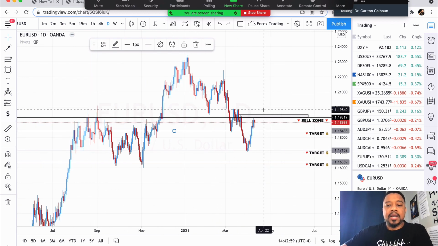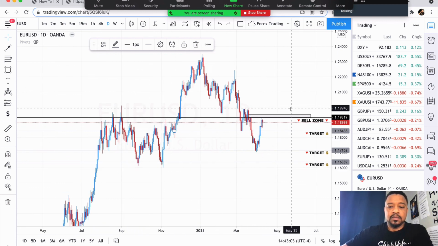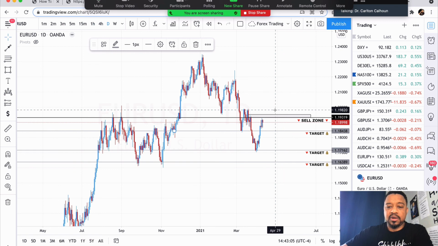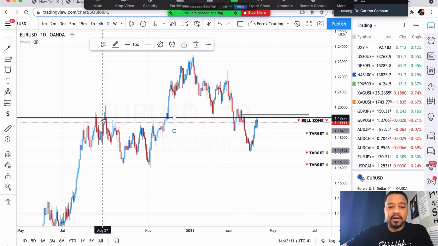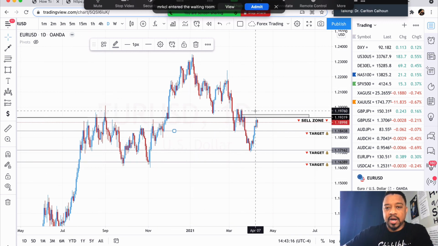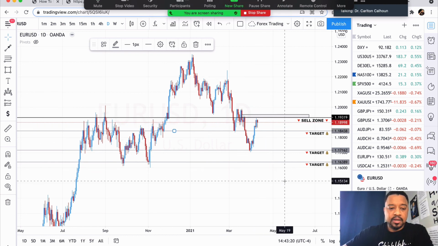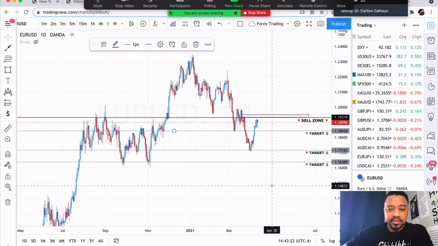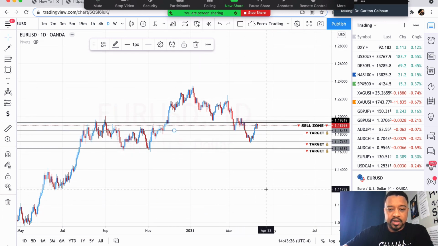For me to buy, it would have to break above this area. But it formed a higher high, and that's forming a lower high. So I think it will continue down to the downside. If it breaks below this, your next area is way down here.